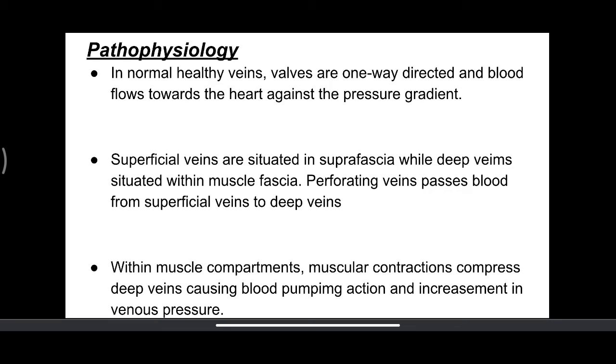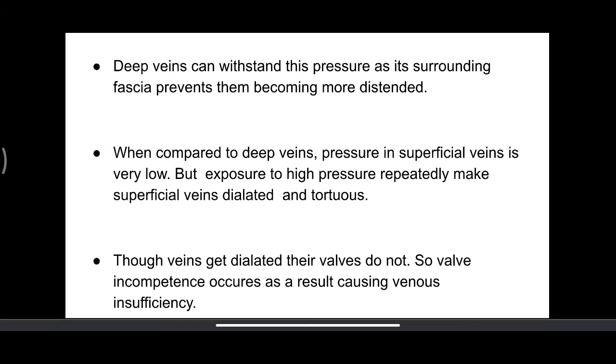Within the muscle compartment, muscular contraction compresses deep veins, causing a blood pumping action and an increase in venous pressure. Deep veins can withstand this pressure as they are surrounded by fascia that prevents them from becoming more distended.